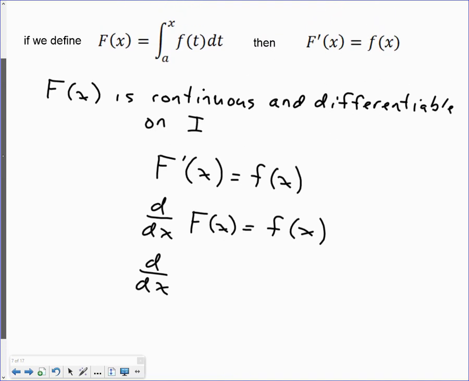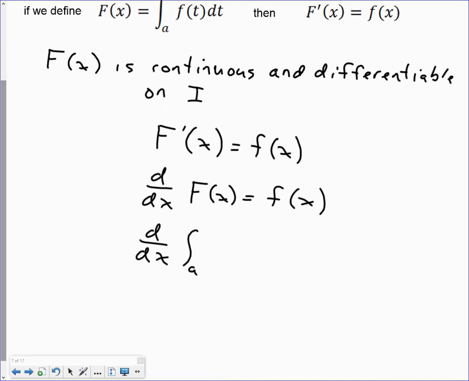And if I put in the definition here for capital F at x, which is the integral from a to x of, sorry, I switched over to t's, didn't I? f at t dt, we get this. So the derivative with respect to x of the integral from a to x of this function f at t is equal to the original function, which is really just saying that if you take the derivative, then you integrate, those two processes cancel each other out. And that's what the first part of the fundamental theorem establishes.